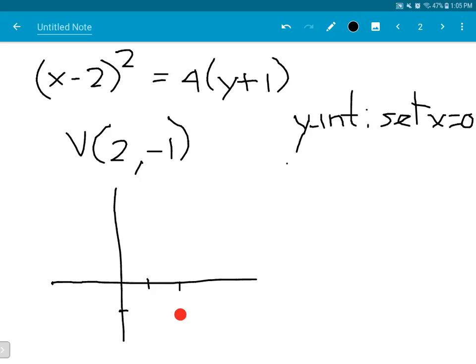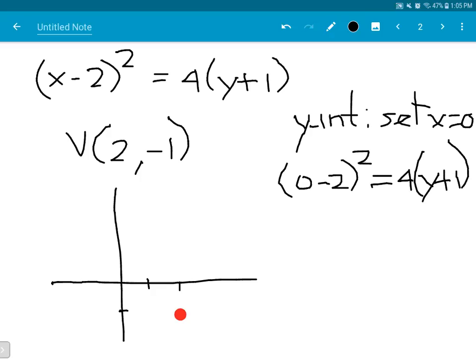We have 0 minus 2 squared equals 4 times y plus 1. And that is easy to solve for y since it's just linear in y. So we have 4 equals 4 times y plus 1. We divide by 4. We get 1 equals y plus 1.